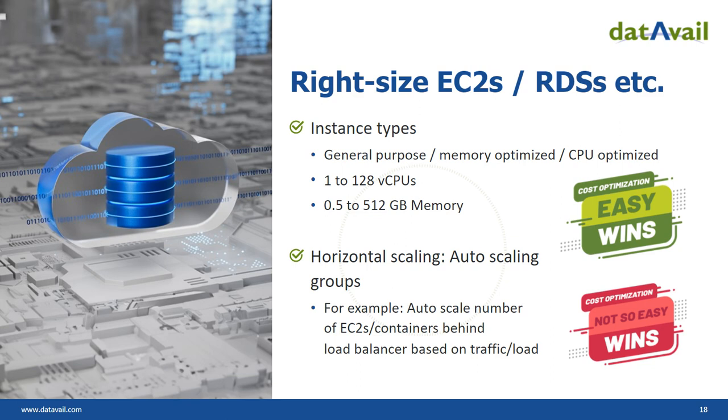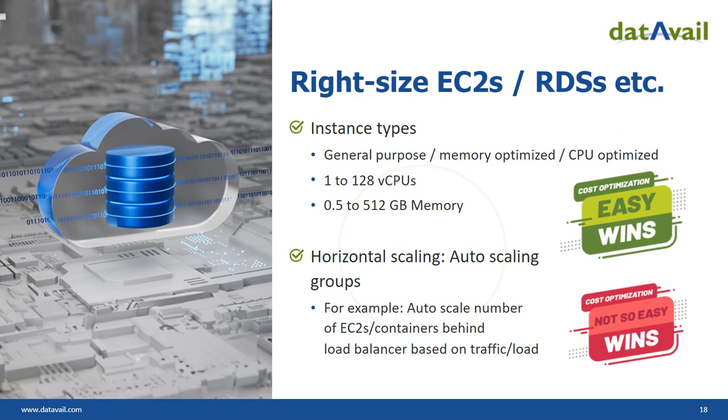And the other thing to know is that there are different types of instance types. General purpose will give you an average CPU memory ratio. Memory optimized will give you more memory per core, for example. CPU optimized will have less memory, more cores, for example.